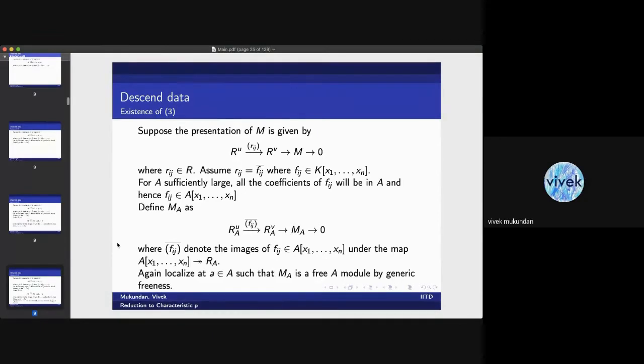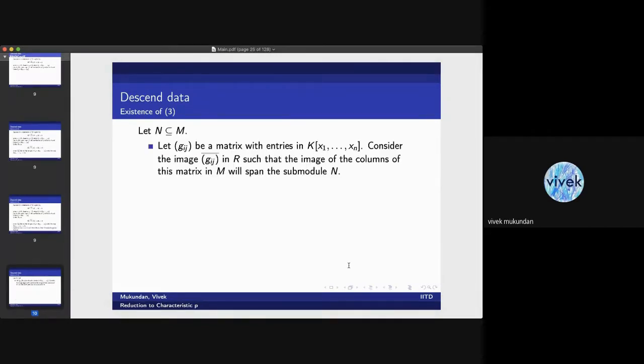So you can use generic freeness again to localize at a nonzero element of A to make sure that MA is A-free. The next step is to define your module NA and make sure that NA also sits inside MA. If N is contained in M, then M is actually a quotient of a free module, so you can think about M as column vectors.